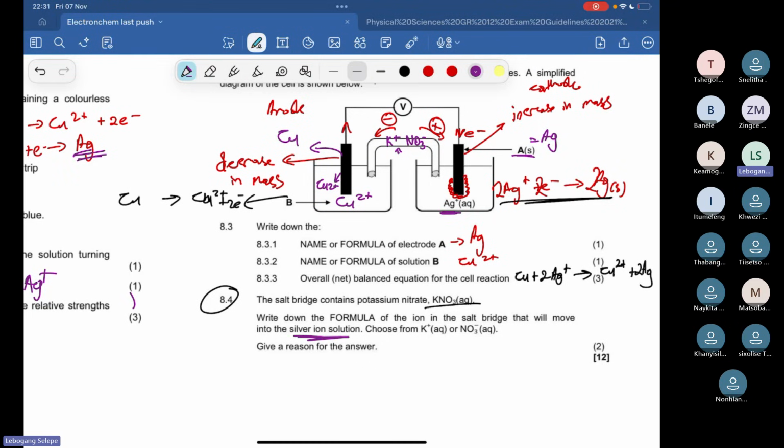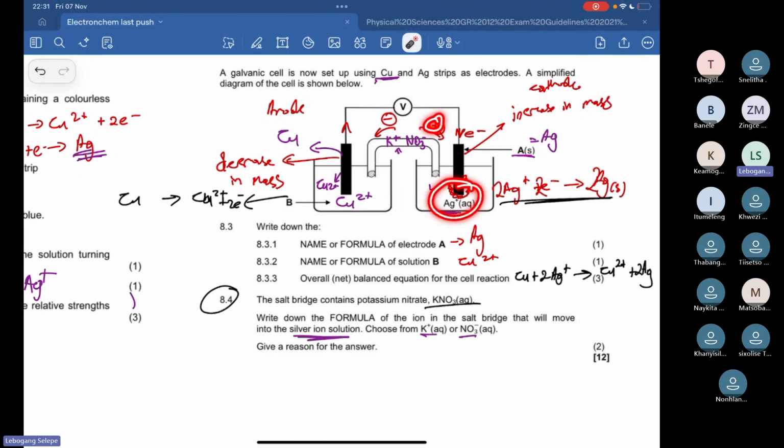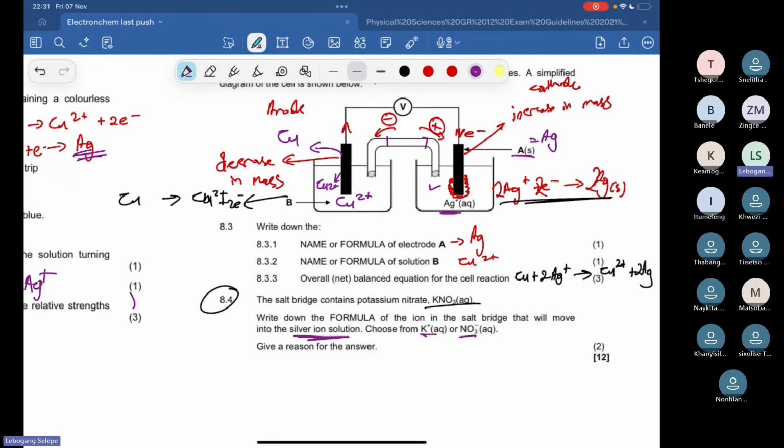Is it potassium or NO3 minus that would go here? Remember, we already said that the positives need to go here. So it's going to be potassium. NO3 minus should be the one going in here. So our answer for this one is potassium.